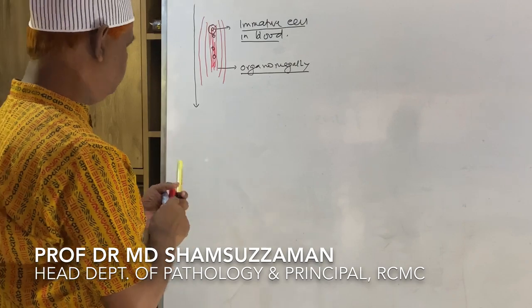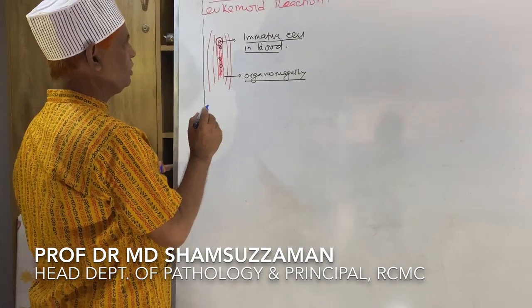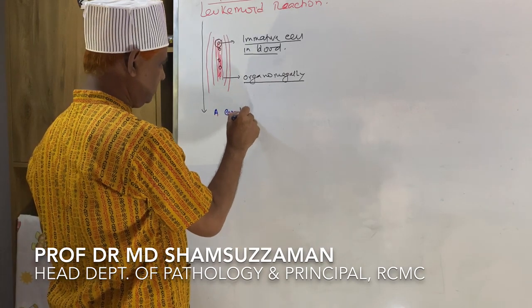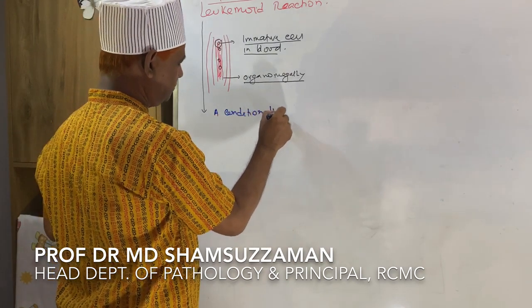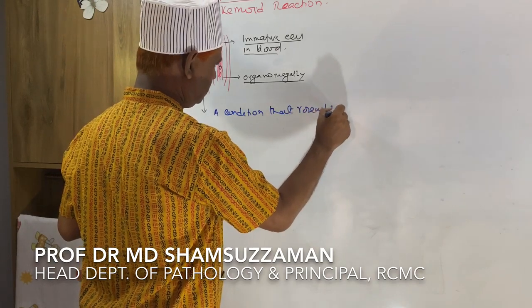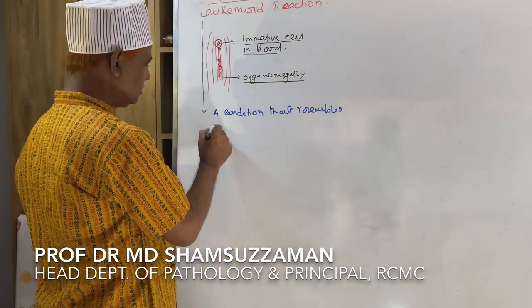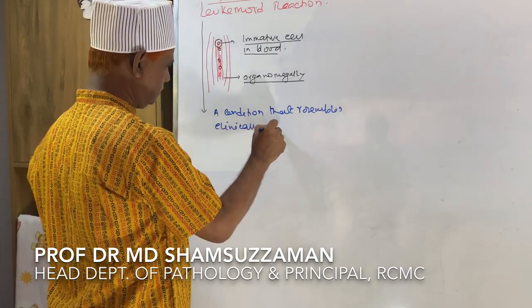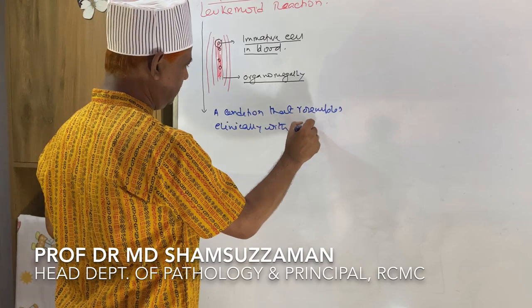Leukemoid reaction. First come to the definition of Leukemoid reaction: a condition that resembles clinically with leukemia.